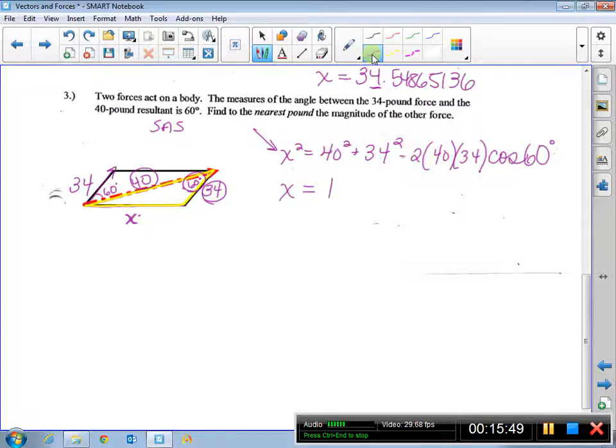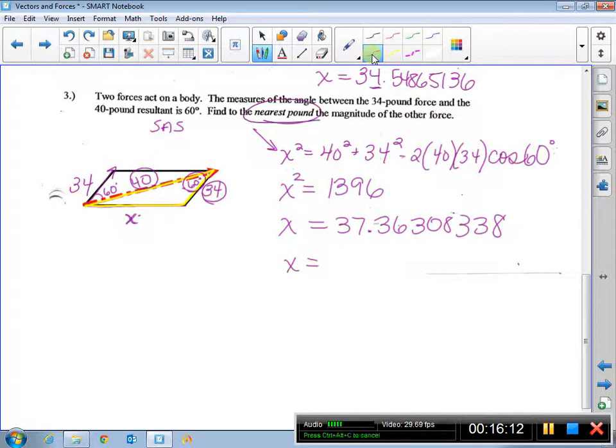Comes out very nice, 1,396, that's x squared. And then x, square rooting that is 37.36308338. And we would like to round to the nearest pound right here, so that's 37.